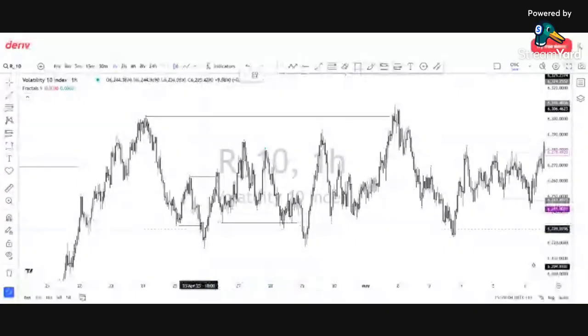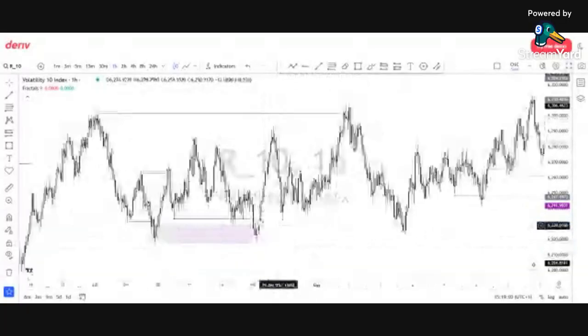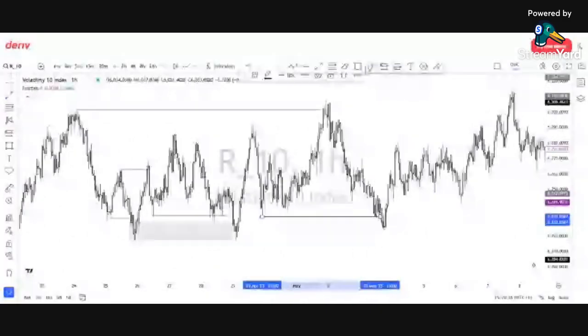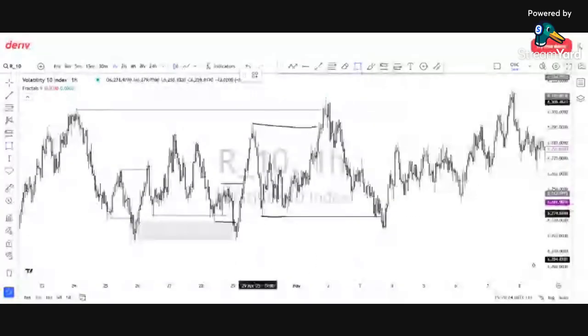See where price came into. This is our pattern. I saw that our pattern had been forming from here. Even this one too is still our pattern: a break of structure, a sweep of this low, a second break of structure that gave us this structural liquidity, and this was it.